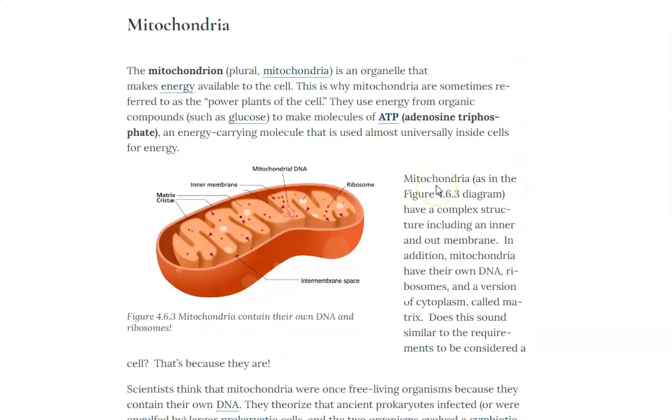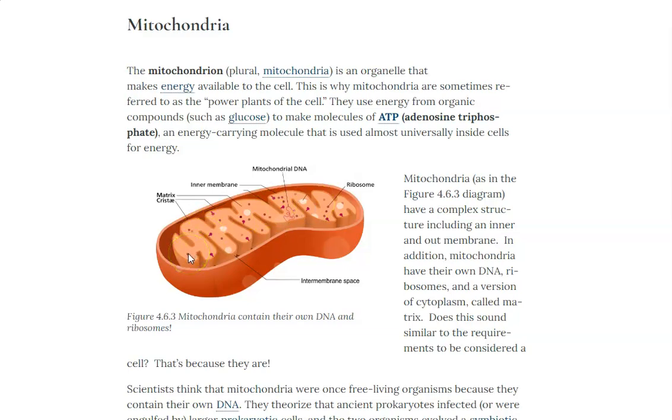Good. Next organelle is the mitochondria, and we think of it as the mighty mitochondria. And the mitochondria is the area where glucose is broken down in the presence of oxygen to ATP, which is the energy molecule that the cell uses. Now, there are specialized membranes on the inside.